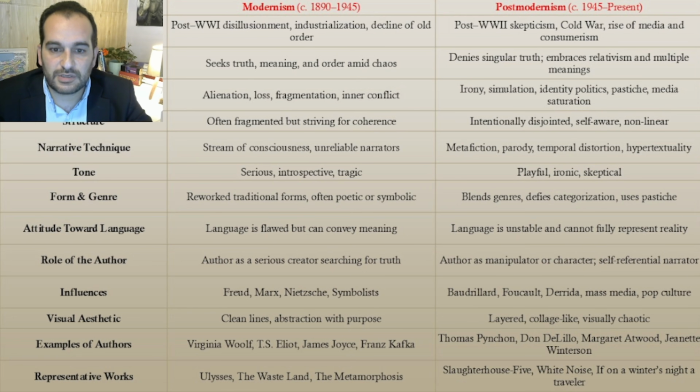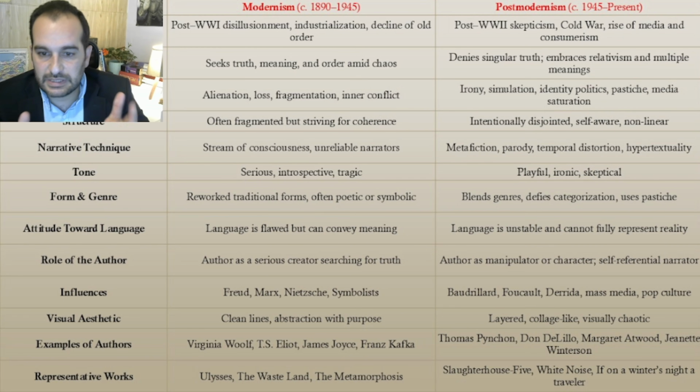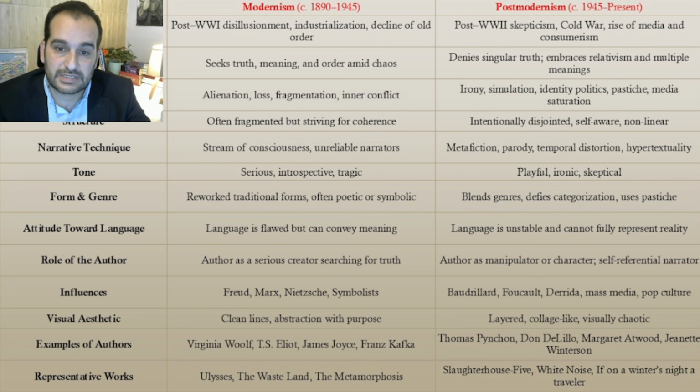For the structure, in modernism it's fragmented, and we see non-linear narratives in postmodernism. The tone of modernism was a bit serious and introspective. In postmodernism, we see a playful, ironic, and skeptical language. For the form and genre, in modernism we see poetic and symbolic examples.